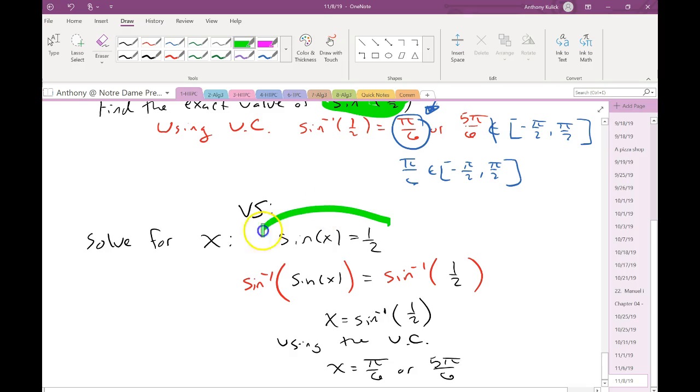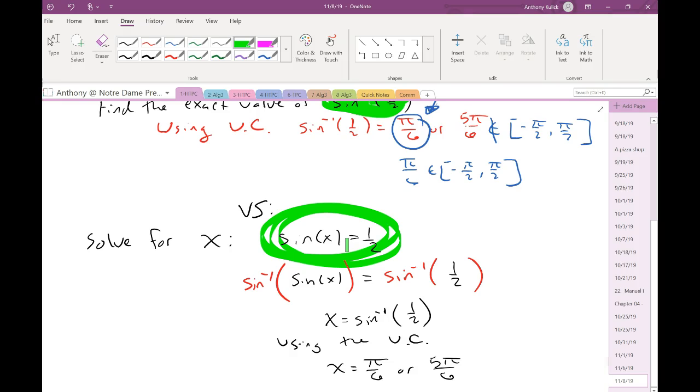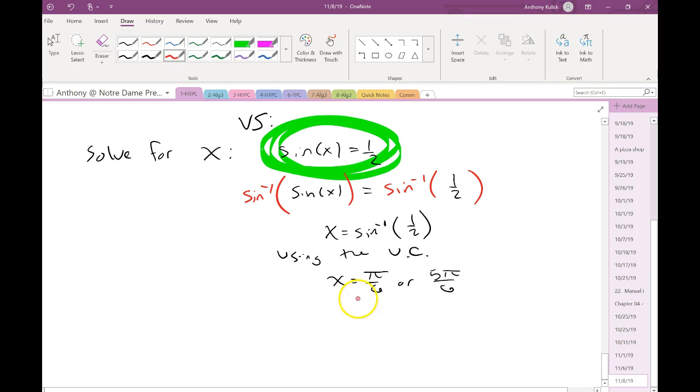In the second question, we're looking for the values of x that evaluate to 1/2 when you take the sine of them. That's going to include the one answer that's the output for sine inverse, but it could include many, many other things. In fact, each of these are answers, but there's more. In fact, there's infinitely many more.